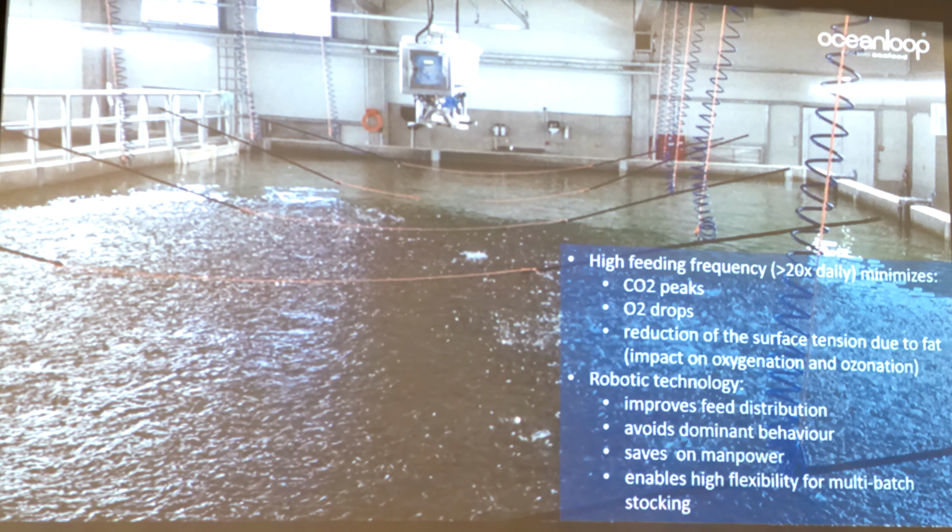This eliminates CO2 peaks and O2 drops. And another big problem: when you have more fat in the pellets, you can have a negative effect on the surface tension in the water, which complicates ozonation and oxygenation. So it's easier when you have a higher feeding frequency.